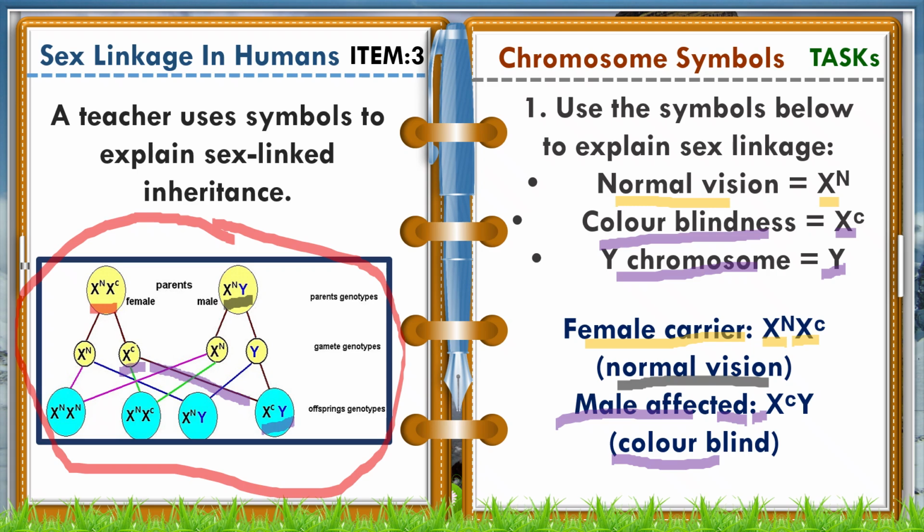But when she gives this colorblind gene to a girl, because the girl inherited a normal X chromosome from the father, this girl is going to become a carrier, but with normal vision.